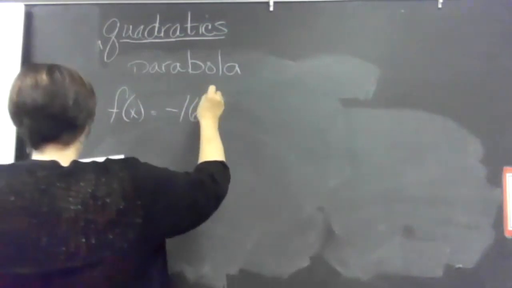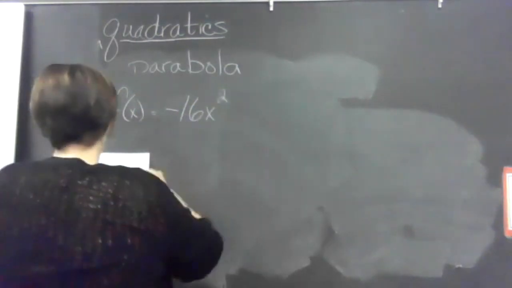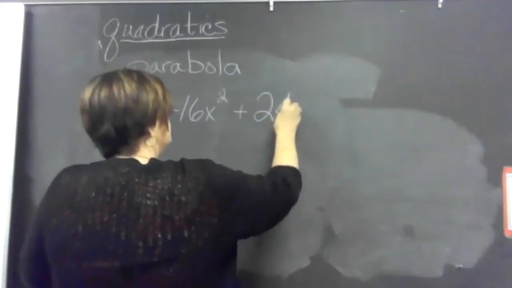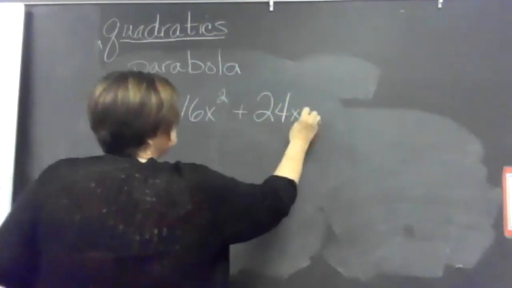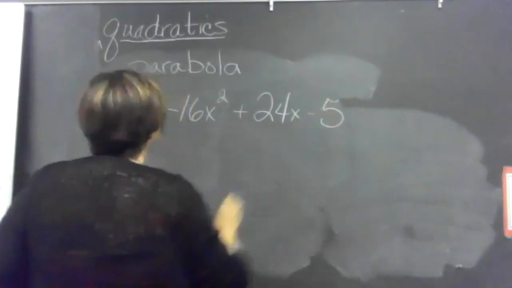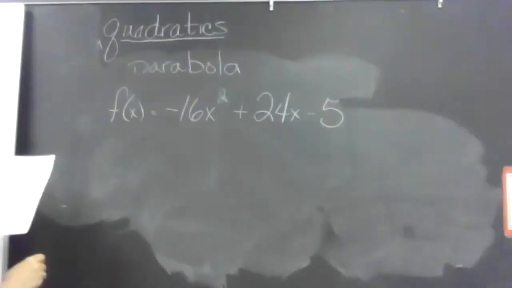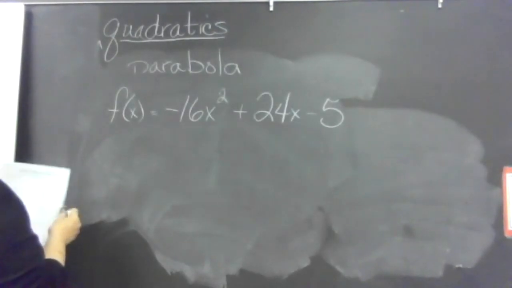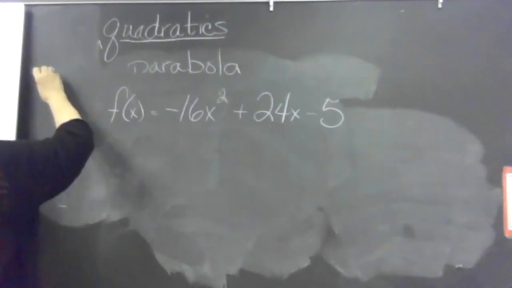Negative 16x squared plus 24x minus 5. And it says find the maximum.